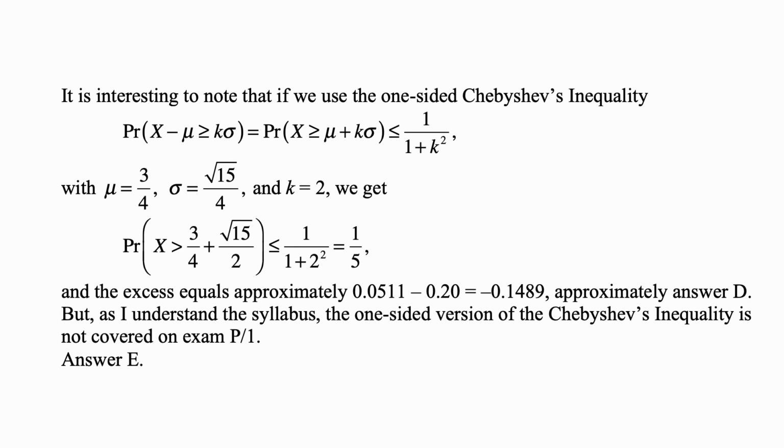And that's instead of 0.25 that we had before, so it's 0.2. So 0.0511 minus 0.20 is negative 0.1489, approximately answer D. But one-sided Chebyshev's inequality is not covered on exam P1, while two-sided is, and we stay with answer E.